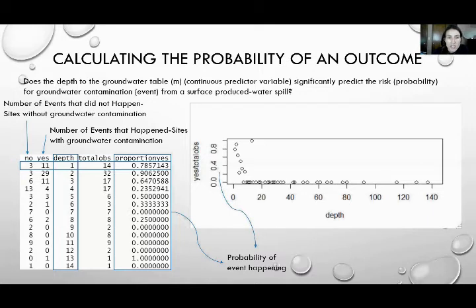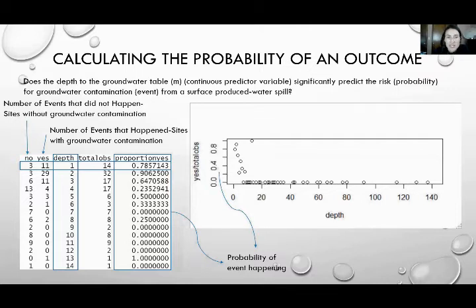So the dot at the very top left is representing depths of 1 meter below the ground surface, and about 79% of spills that occurred at sites that had depths of groundwater at 1 meter below the surface, about 79% of those result in groundwater contamination.